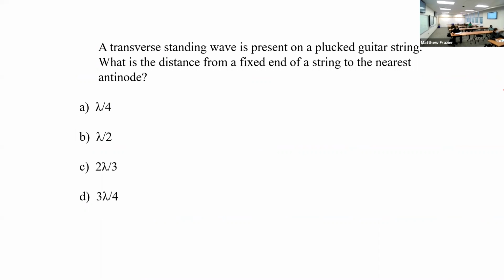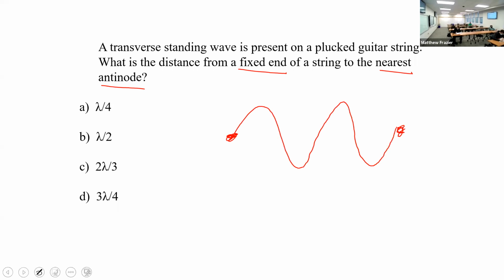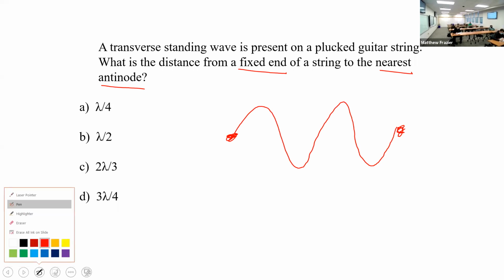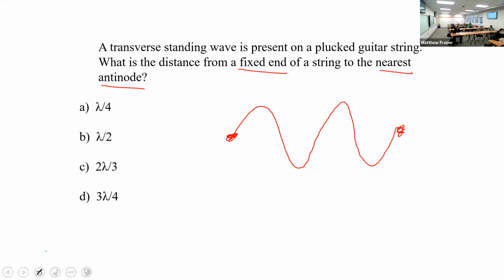So this is a question, again, envisioning the wave. If we draw a wave here, it's asking from the fixed end to the nearest antinode. So let's put in 2 fixed ends. Let's put in an arbitrary wave that is n equals 4. So in a different color, we'll put in the opposite wave and identify the 3 nodes that are there.